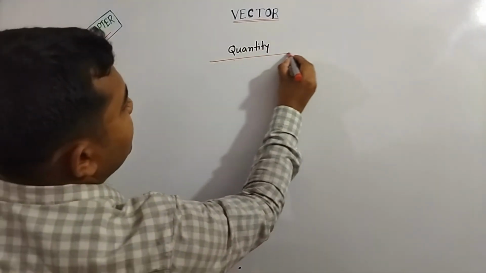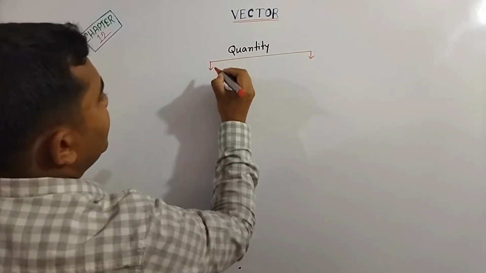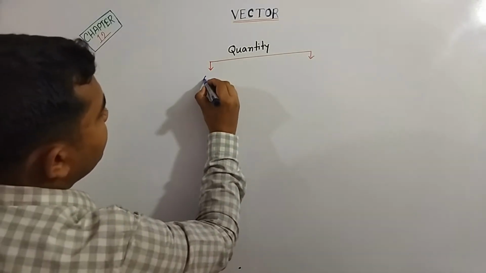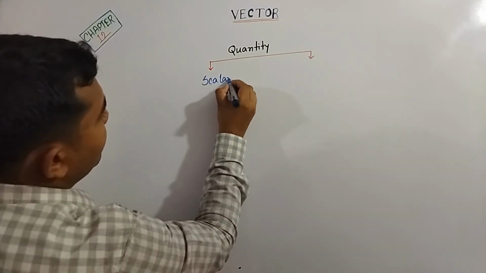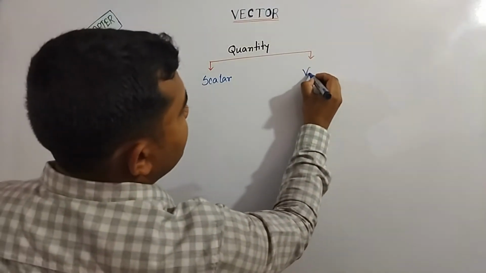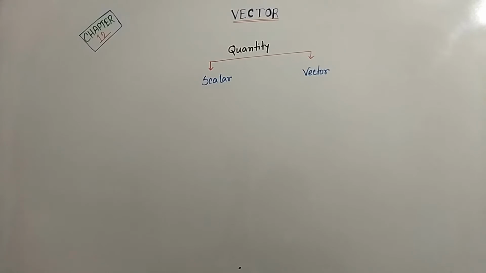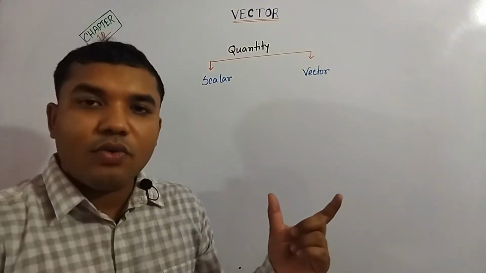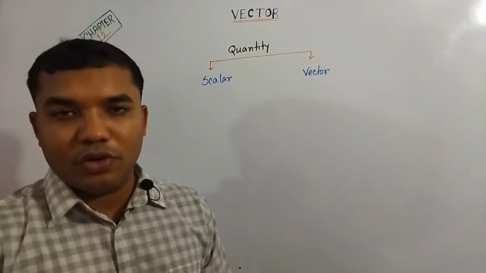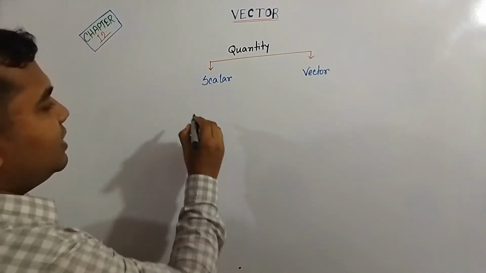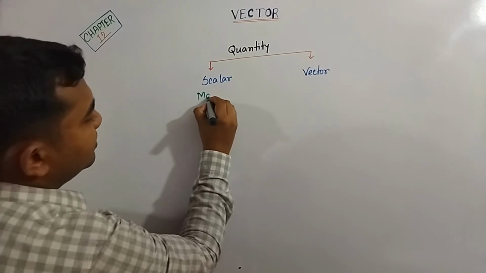One is the scalar quantity and another is the vector quantity. To express the scalar quantity, only the magnitude will be okay. So if we are trying to focus on the scalar quantity, we will just think about the magnitude.